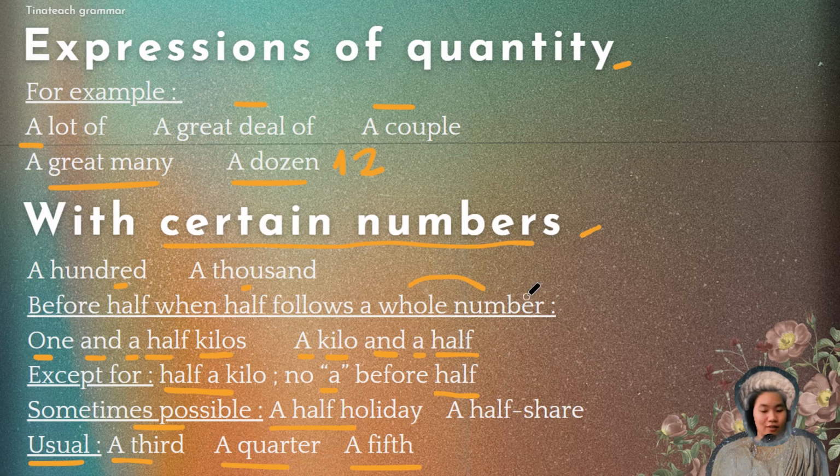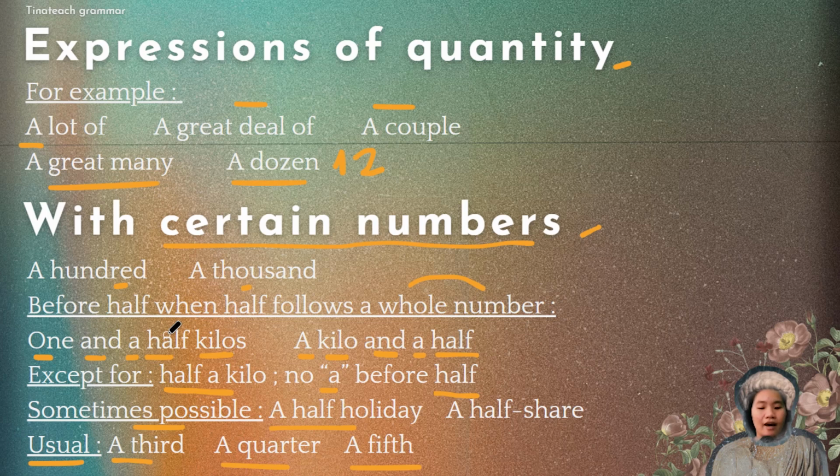Now, when you get into the half, it gets a little bit more difficult. If there's a number before half, 1.5, 2.5, 3.5, you know what I mean, okay?